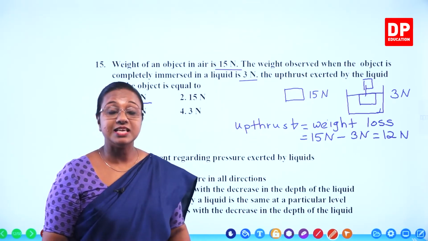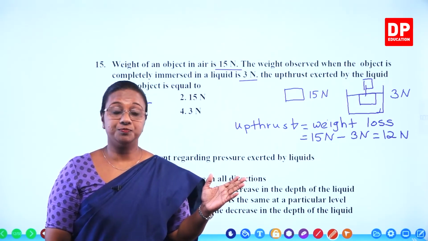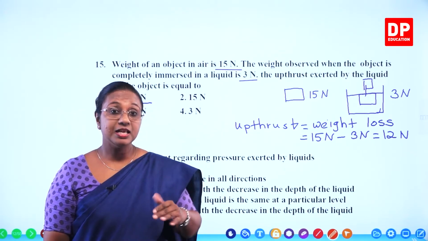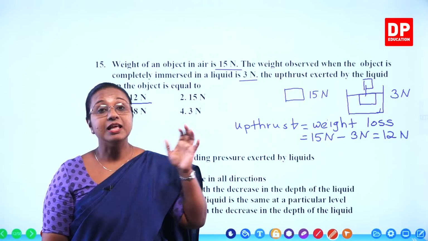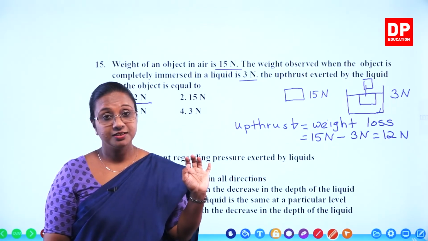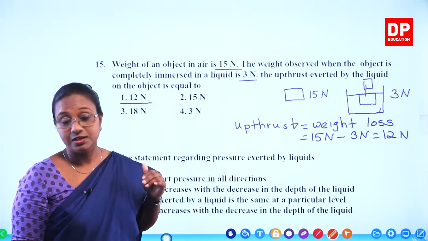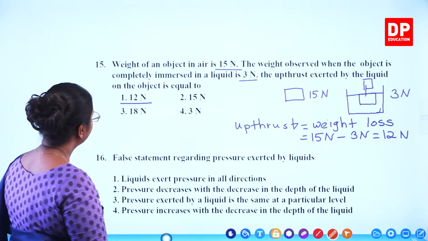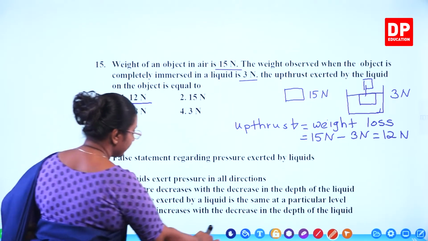The object will sink in the liquid. And you all know, if the upthrust is more, then what happens? The object is pushed upwards so that it will make the upthrust equal to the weight of the object. So that is why the object goes above the liquid surface. Okay, so then that is the answer for this question. Then the next one.